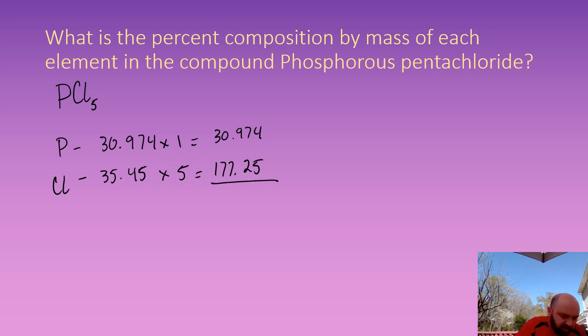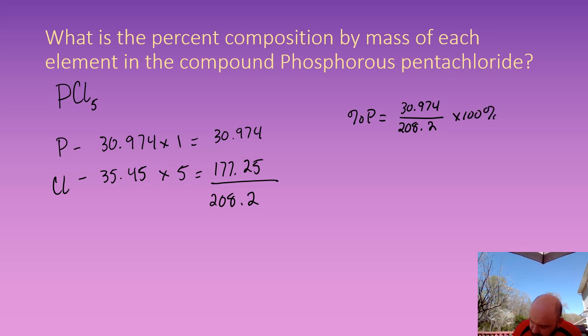If we add those numbers together, we see that in total the molecule has a mass of 208.2 atomic mass units. And then to figure out each individual constituent, the percentage of phosphorus will be 30.974 divided by 208.2 times 100%.